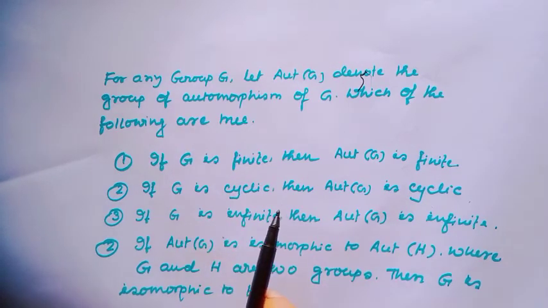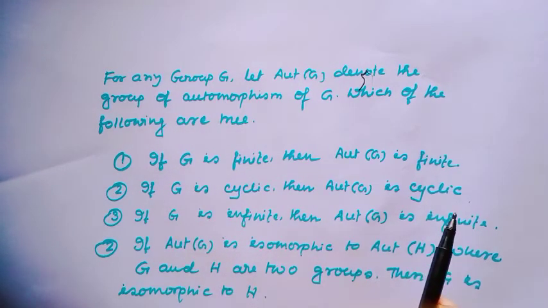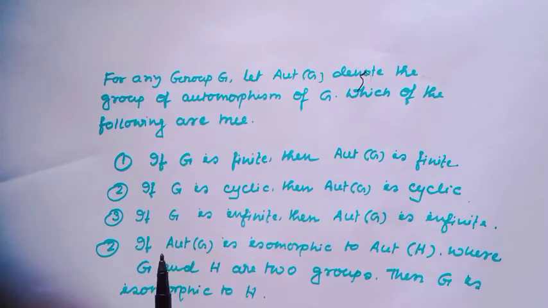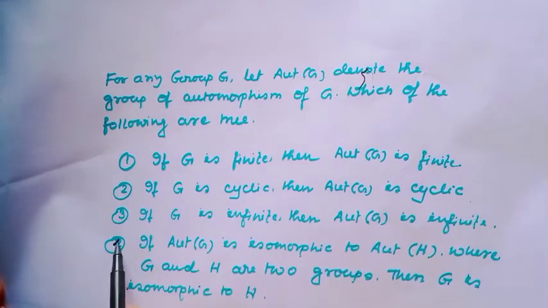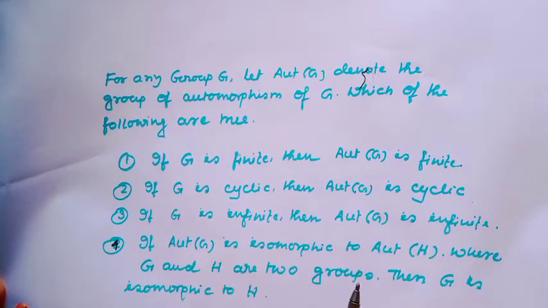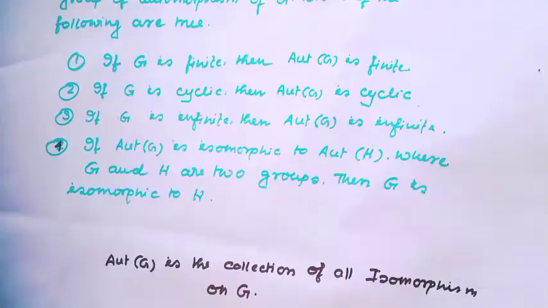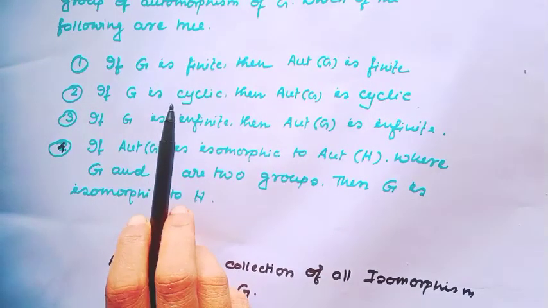If G is cyclic, then Aut(G) is cyclic. Option 3. If G is infinite, then Aut(G) is infinite. And option 4. If Aut(G) is isomorphic to Aut(H), where G and H are two groups, then G is isomorphic to H.